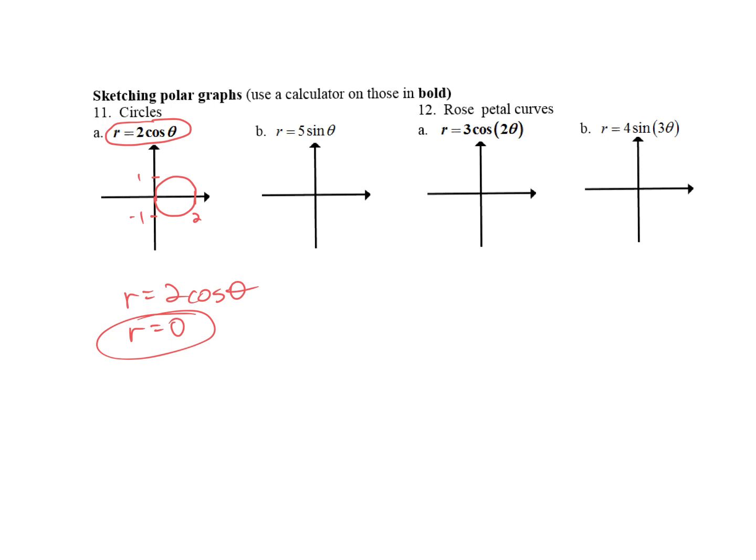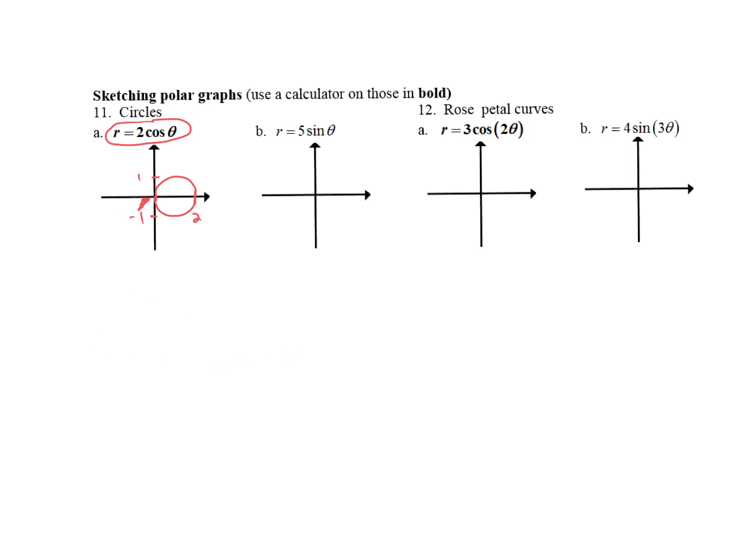So if there's no radius and you're starting at the pole, that's just the point (0, 0) in rectangular. Well, it's already on our graph right there. That is why we don't need this when we were doing that particular problem. Okay? All right, so let's go to the next one.